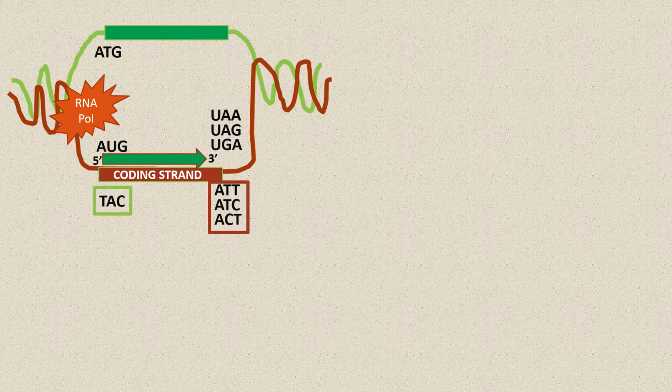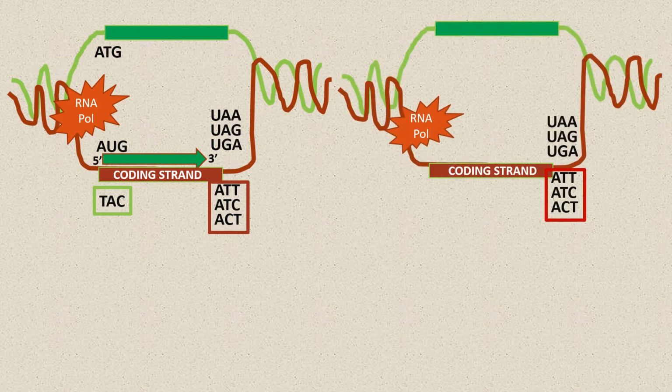It knows when to end because there are at least 3 different combinations in the coding strand that are translated as the stop codon. So when an RNA is being synthesized, it continues moving out from the AUG 5' start, adding the nucleobases towards the 3' end until it finds the stop codon.